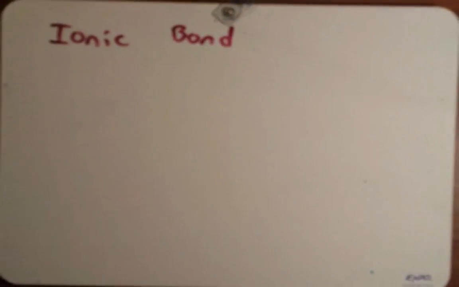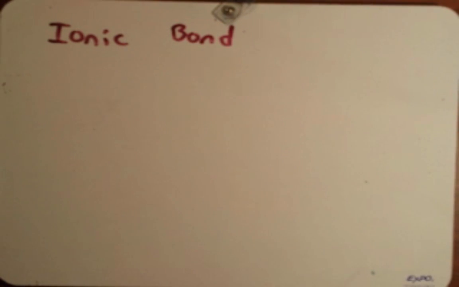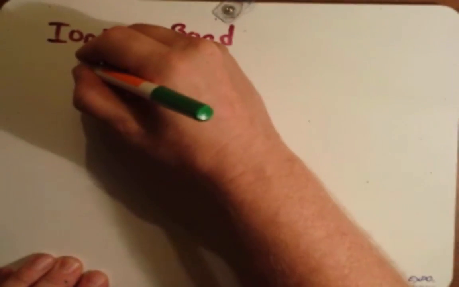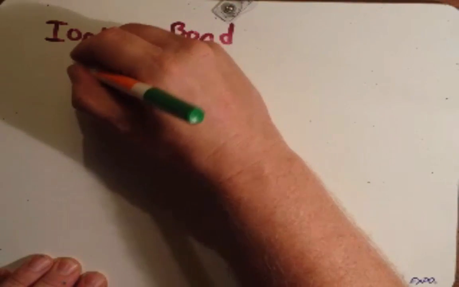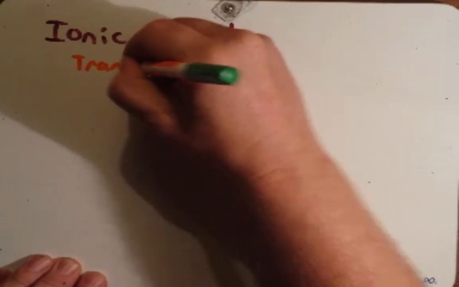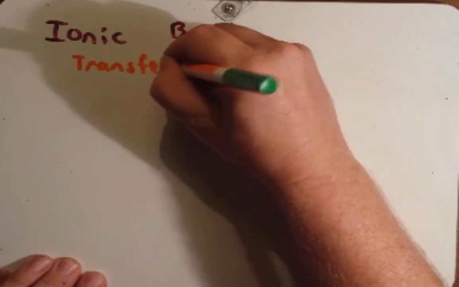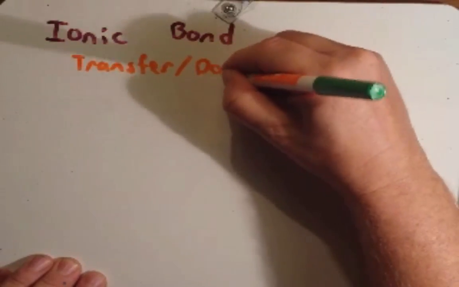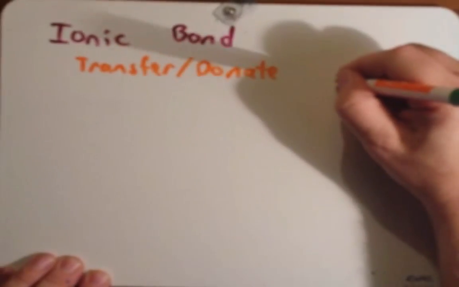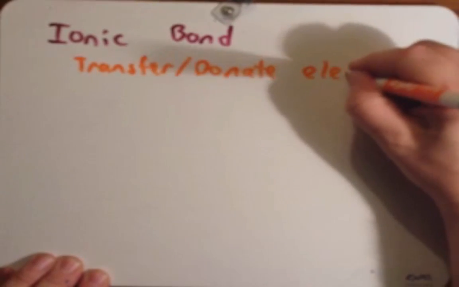The next kind of bond I want to talk about are ionic bonds. These are fairly strong bonds, but they're not quite as strong as a covalent bond, but they are stronger than a hydrogen or a van der Waals bond. As you recall, covalent bonds are characterized by their ability to share electrons. Ionic bonds are characterized by their ability to transfer, or you might say donate, electrons.